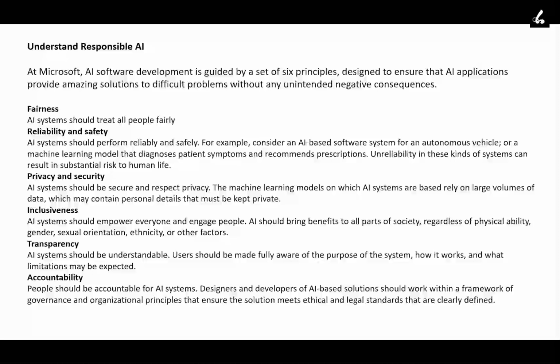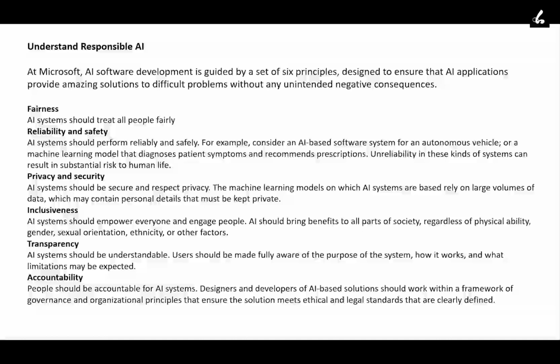But AI should have the responsibility to keep that data secure and respect everyone's privacy, like the data we are providing. It may contain personal data, and that must be kept private as well.